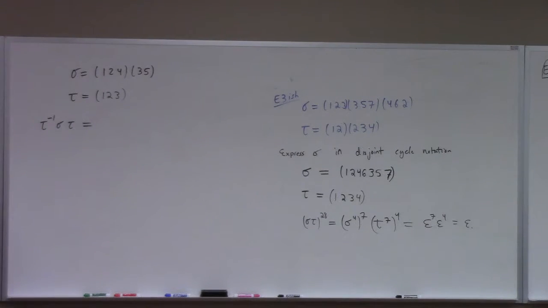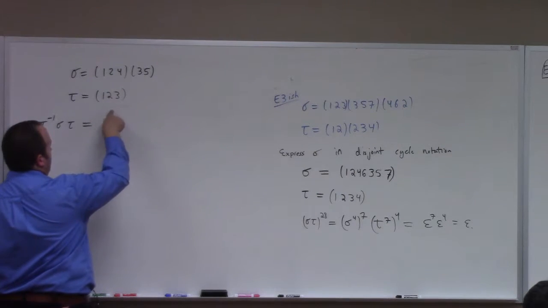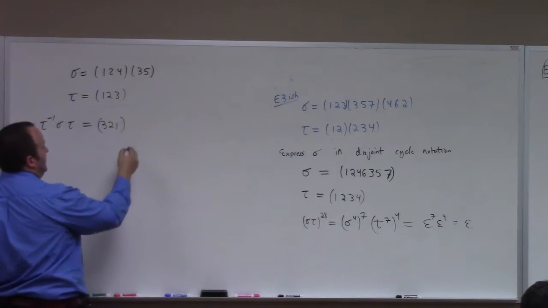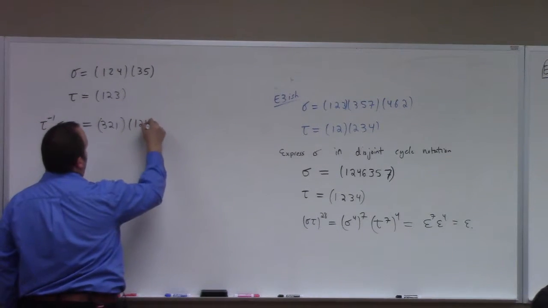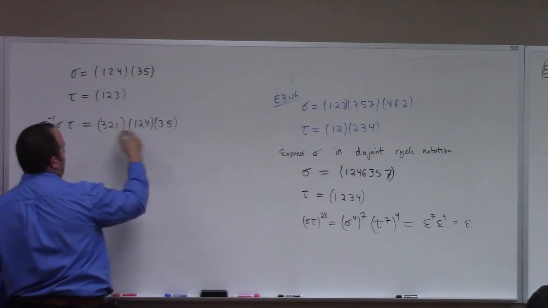Let's work it out. So what's tau inverse? It's (3 2 1), right? Sigma is what it is. And (1 2 3), right?